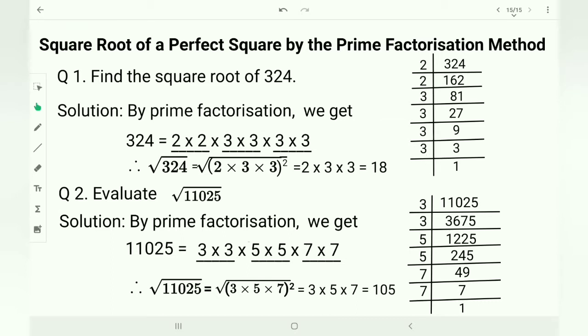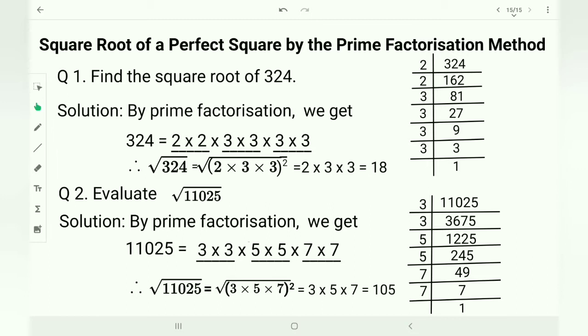Why am I saying 2 times 2 times? Because here you have to write factors in pairs. You can see here I have written factors in pairs because you are calculating a square root, which means you have to represent the same factors in the form of a square.